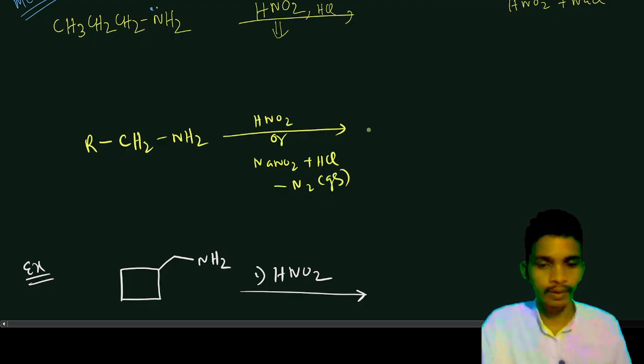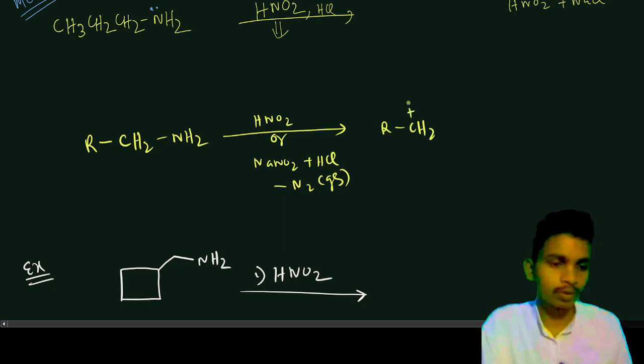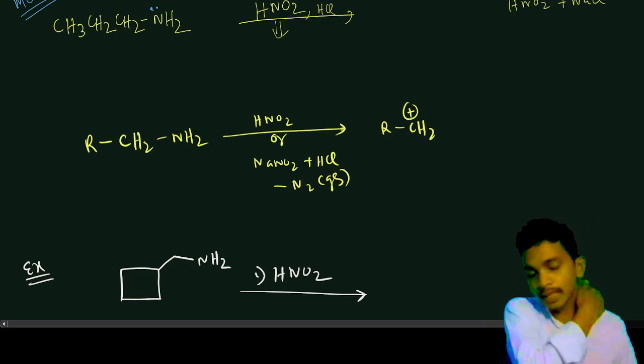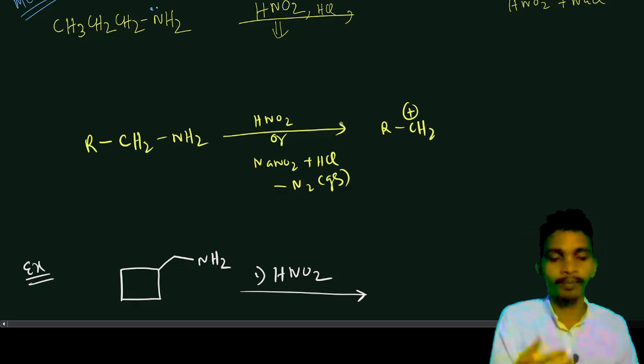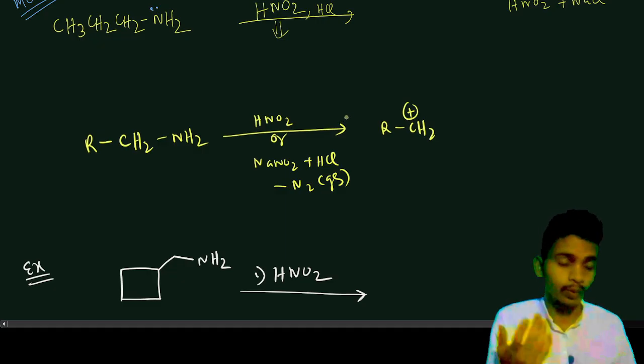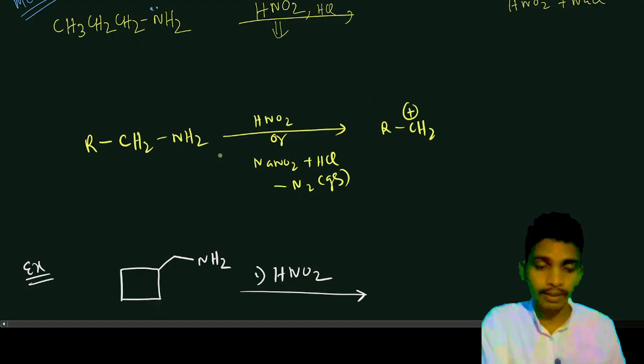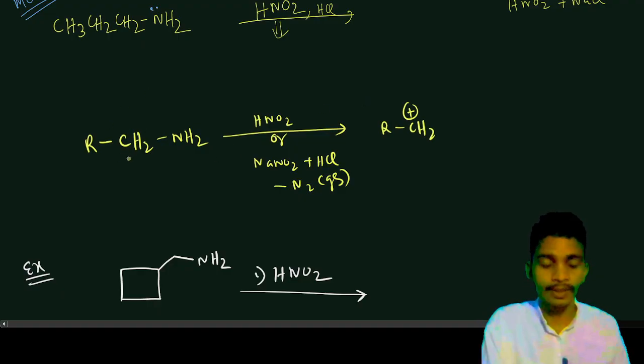Then we will get the carbocation. After formation of the carbocation, the rearrangement will happen. Then after the rearrangement, water will attack, because this is an aqueous medium. So that is the main thing about this Demjanov rearrangement.